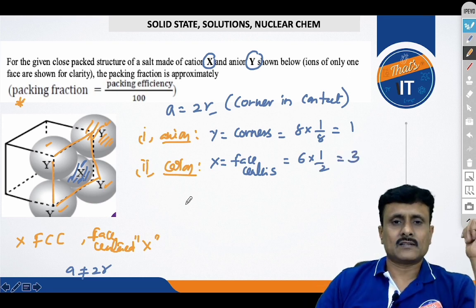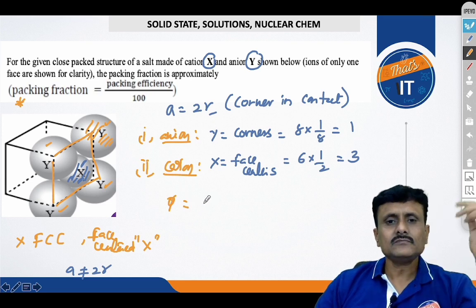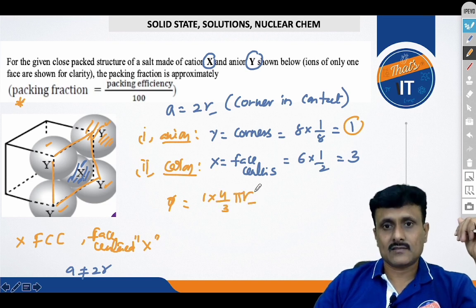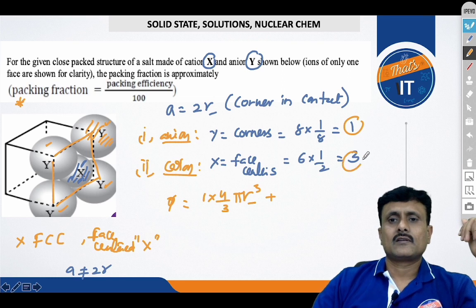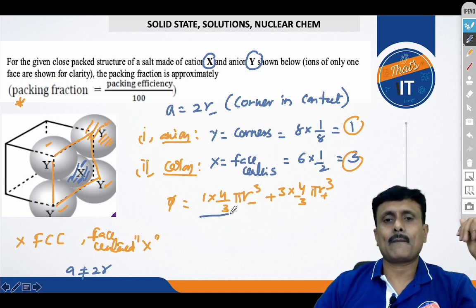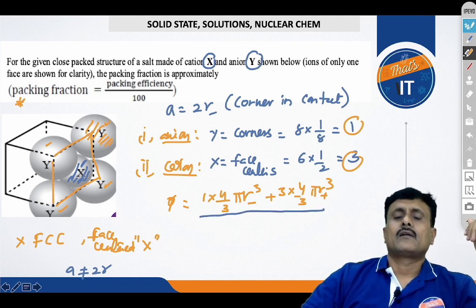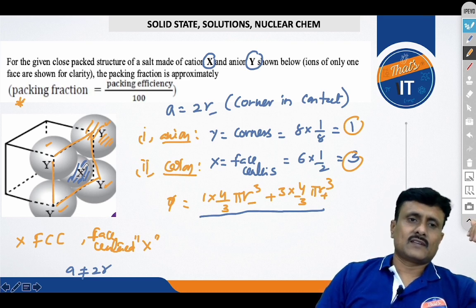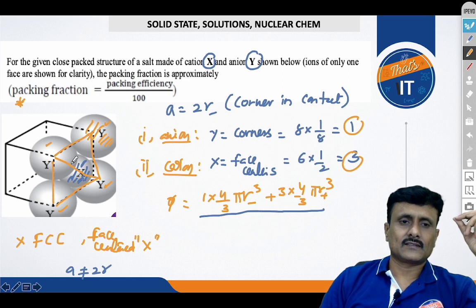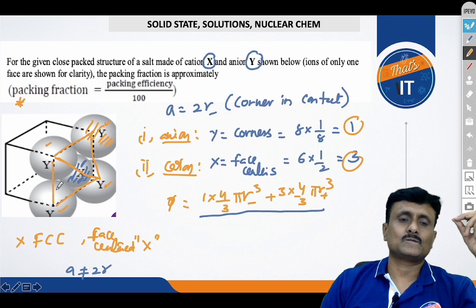Therefore, when you write the packing fraction, you can see there is 1 corner anion, R minus whole cube, plus 3 cations, 4 by 3 pi R plus whole cube, divided by A cube. Now when you are getting the value of A, you can take the length of the face diagonal into consideration.